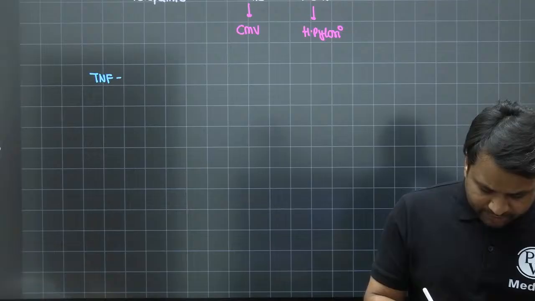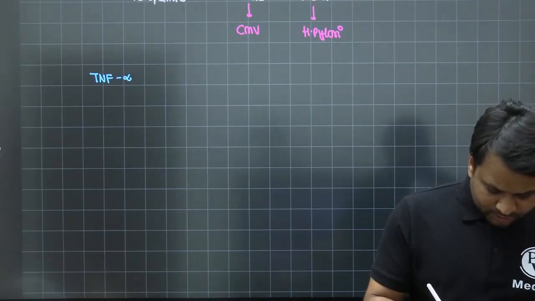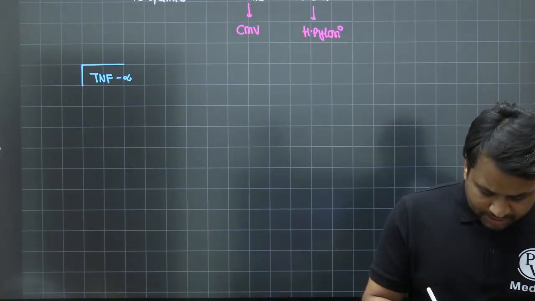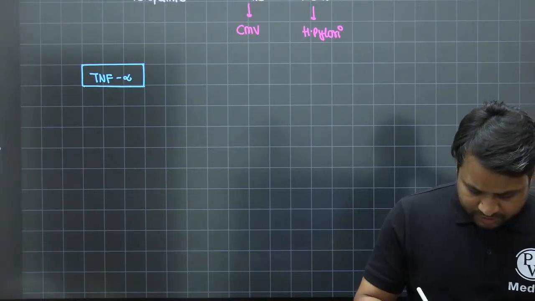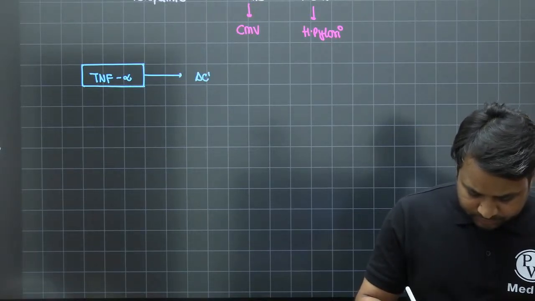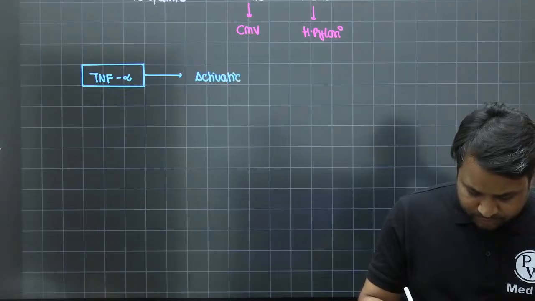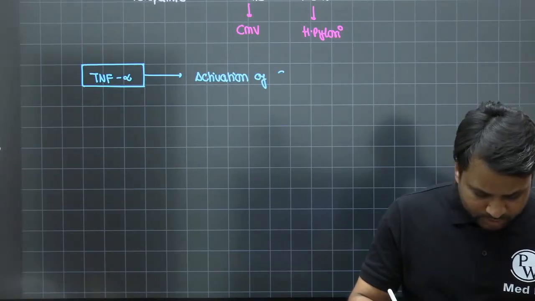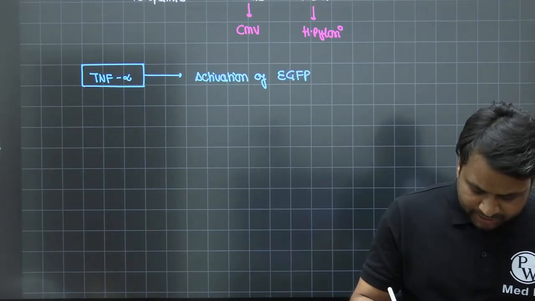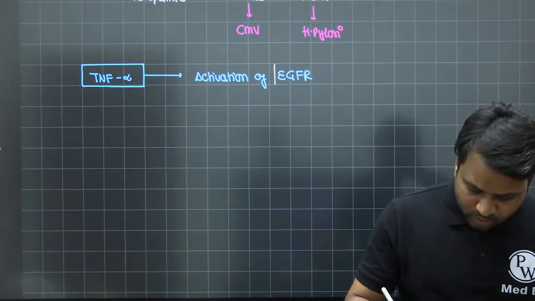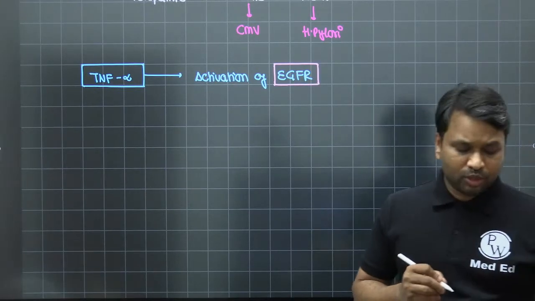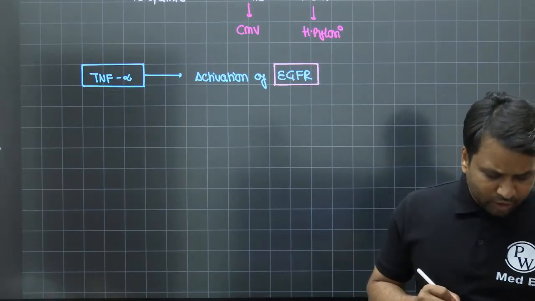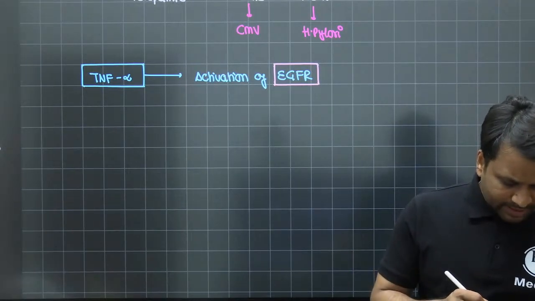This TNF alpha's overexpression is now going to cause activation of a growth factor which is called EGFR. Now, what is this EGFR? Anybody who wants to comment what is this EGFR? If you have done your patho, you'll be able to tell me quite easily.